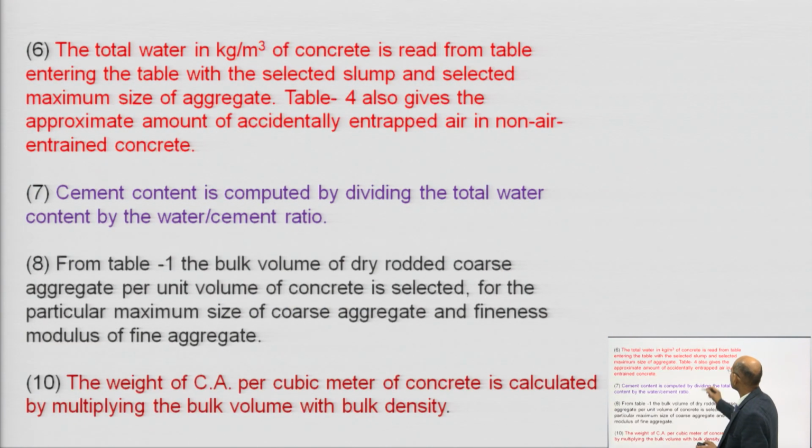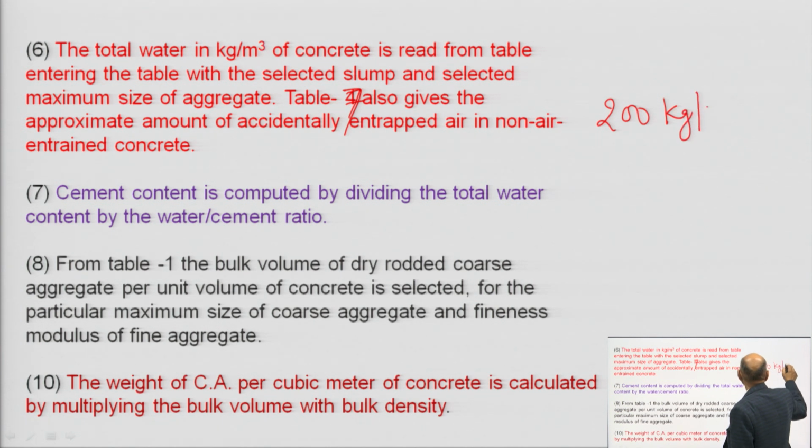This table number 7 gives the approximate amount of air in non-entrained concrete, based on the maximum size of aggregate. Then the cement content is computed by dividing the total water content by the water cement ratio.